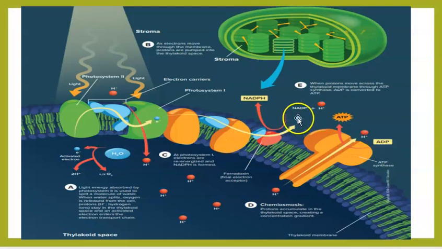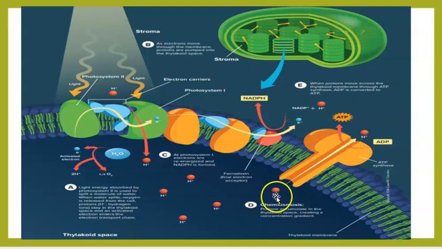Ferredoxin then transfers this electron to NADP plus, with a proton. Together they make something called NADPH. Since H plus is more inside the thylakoid space, it wants to go outside to a region of low concentration. It does that with the help of ATP synthase, which is an enzyme.